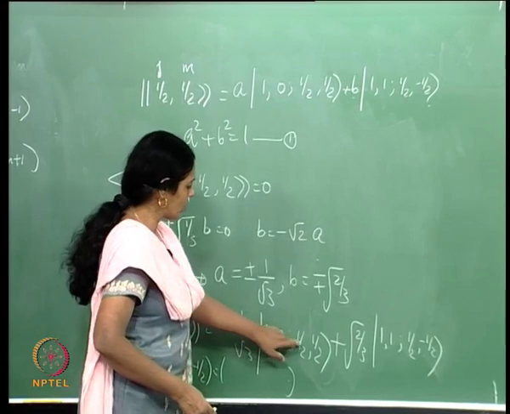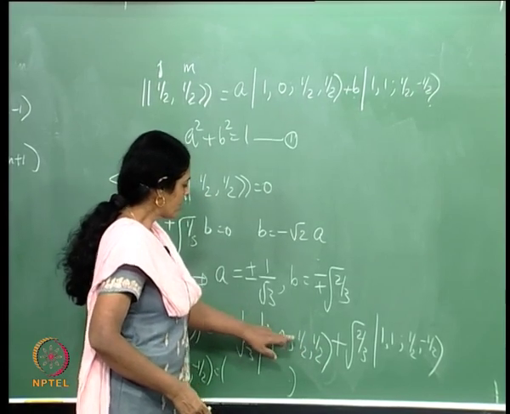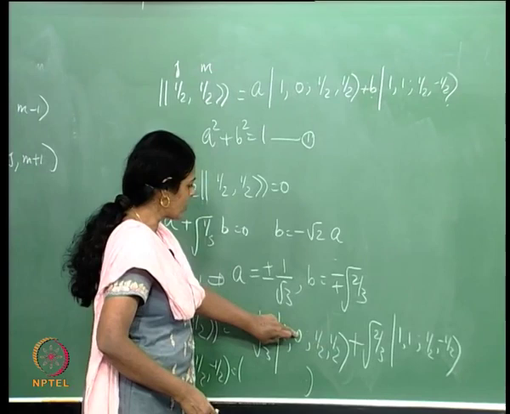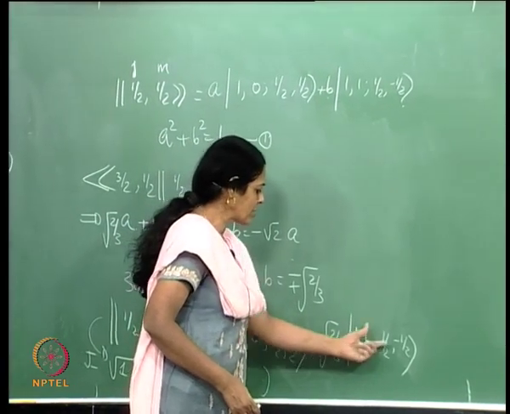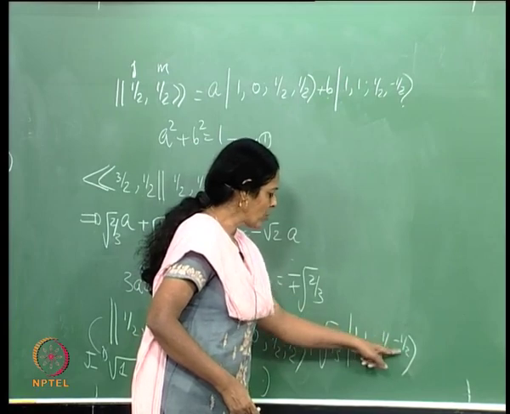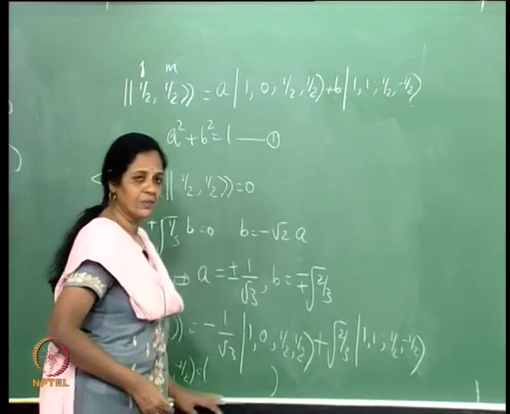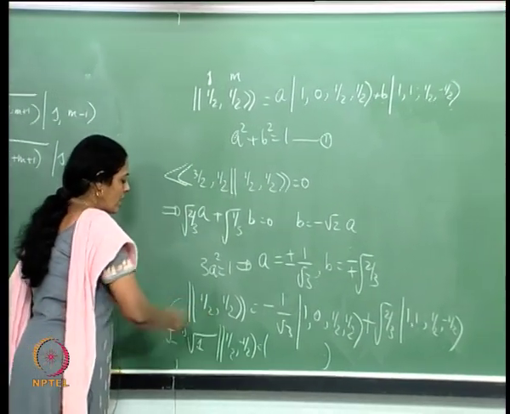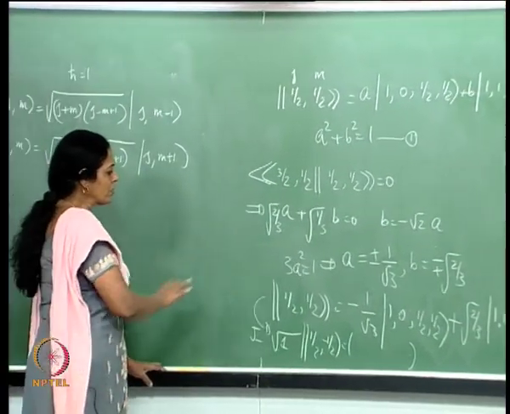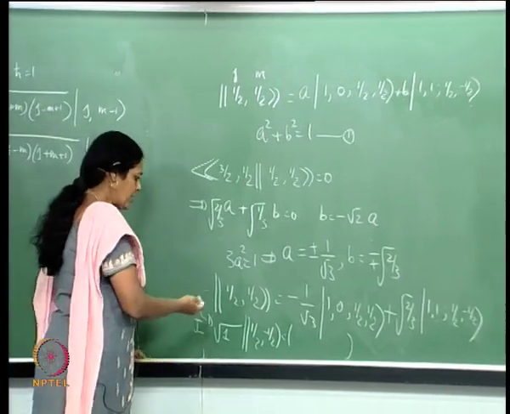J1 minus acts on this, leaving this alone, plus J2 minus acts on that, leaving this alone. Similarly, plus root of 2 by 3, J1 minus acting on this, leaving that alone, and J2 minus acting on that, leaving this alone. And once that is done, we have the state half comma minus half, which can be simply found out. That is one way of doing it.